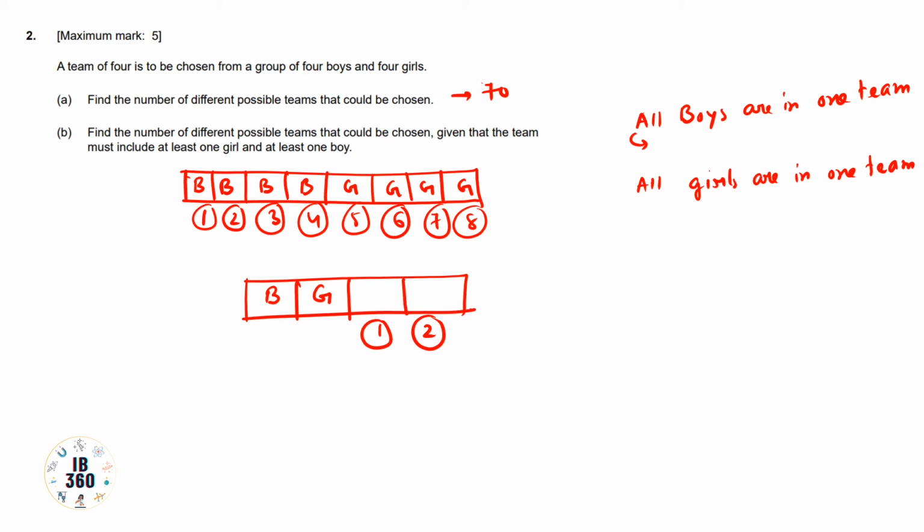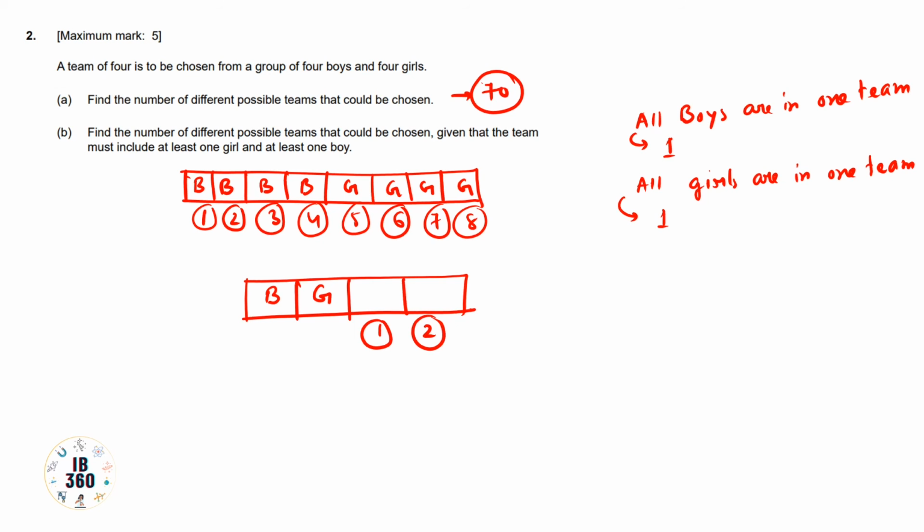The possible team that can be formed by all the boys is 1, and the possible team that can be formed by all the girls is 1. If we deduct from 70, the total number of possible teams, the all-boys team and the all-girls team, then we will find the number of teams that must include at least one girl and at least one boy.